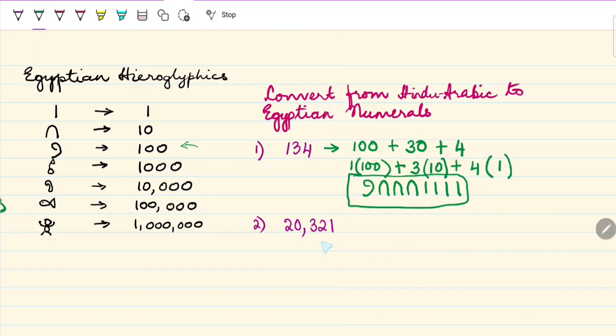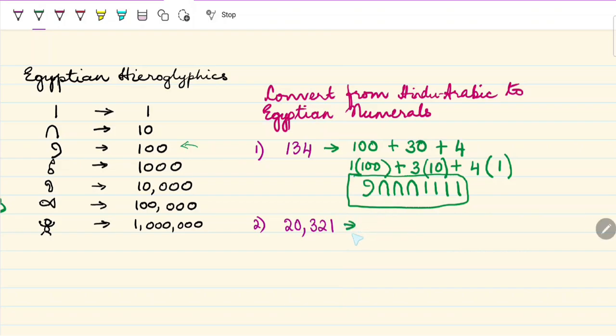Now let's work on the second example, and this is a larger number. So we will expect our Egyptian numeral will also be a long series of symbols. So this has 20,321. Again, let's first break it down into 10,000s or thousands and 300s and so on. All right, so let's start the process here.